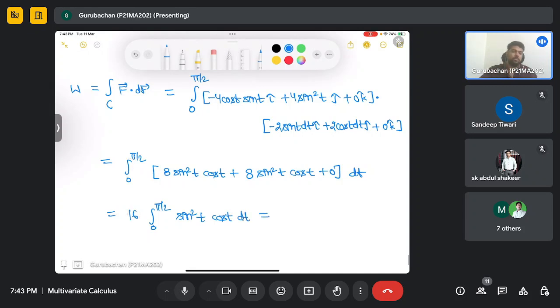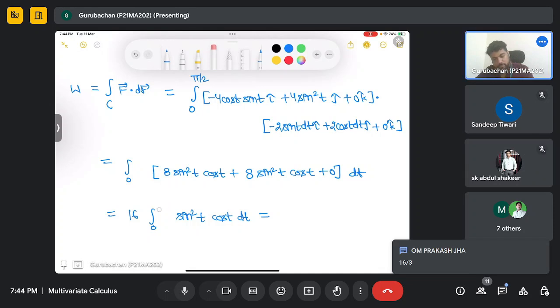So what will be the value of this integration? This is easy, right? 1 by 3, sir. How?